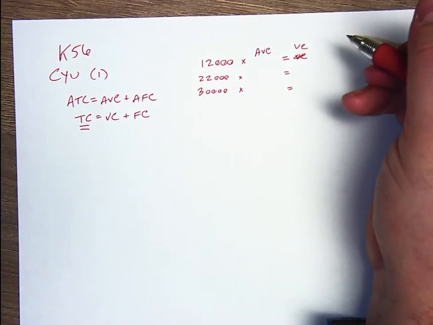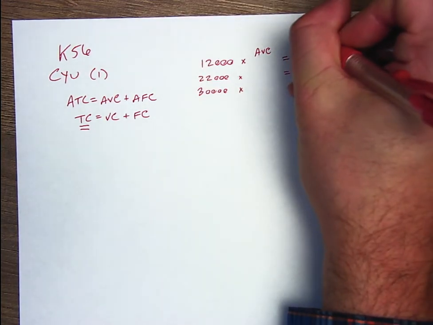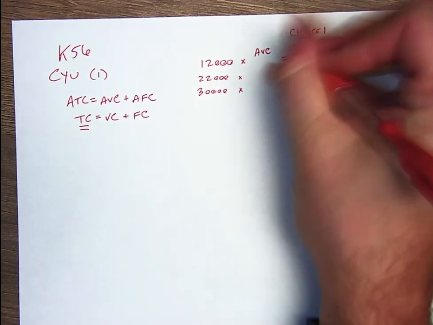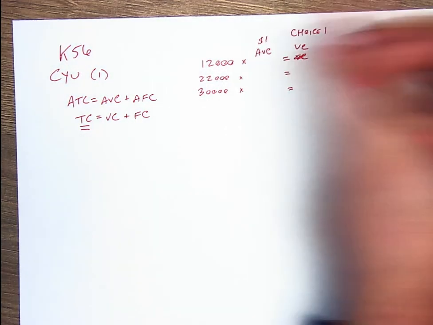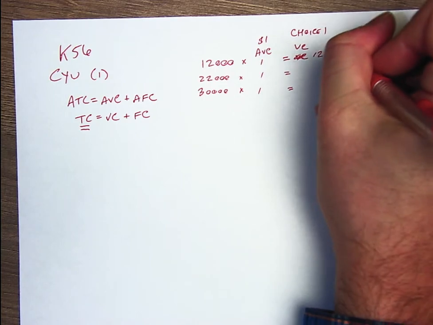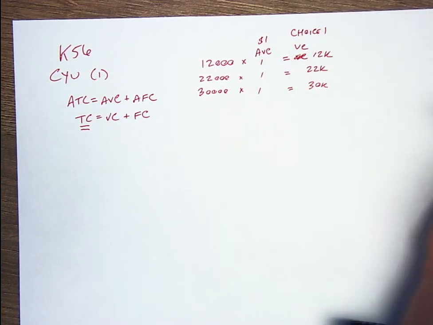So the AVC for choice 1, there's probably a better way for me to set this table up, but the AVC for choice 1 is $1, right? So times $1, times $1, times $1. So variable cost is 12,000, 22,000, and 30,000 for choice 1.